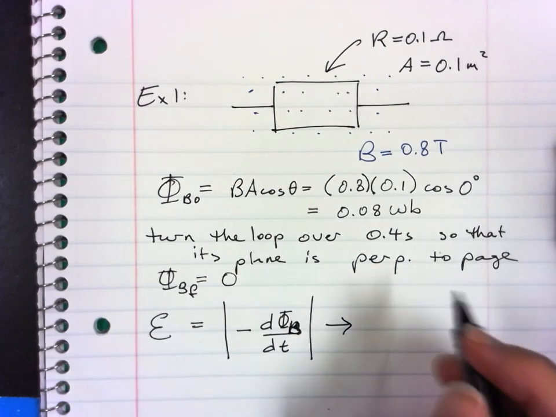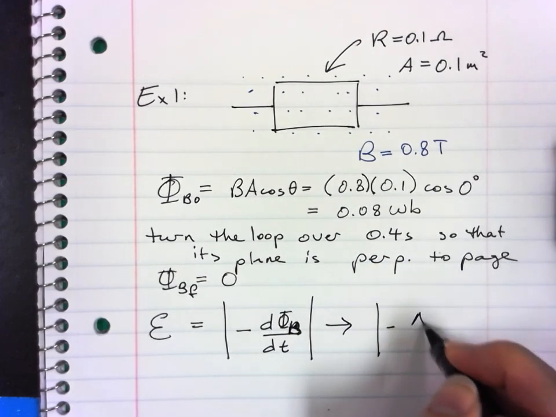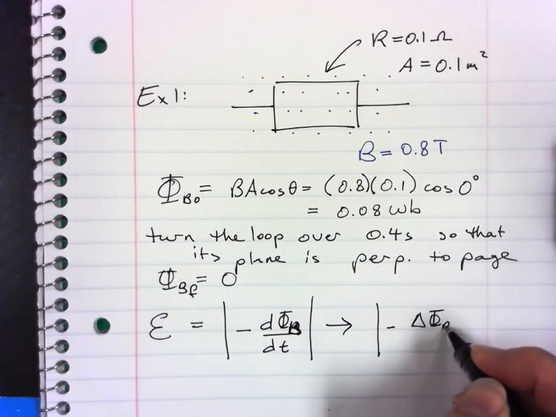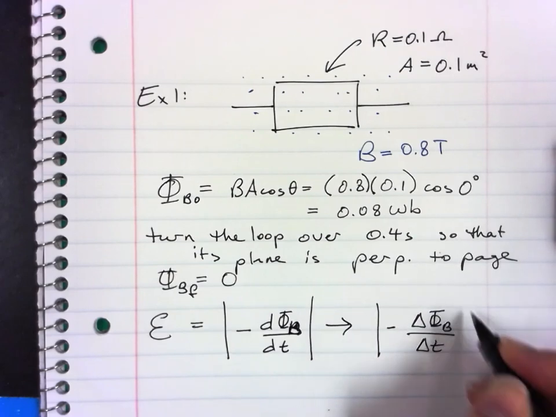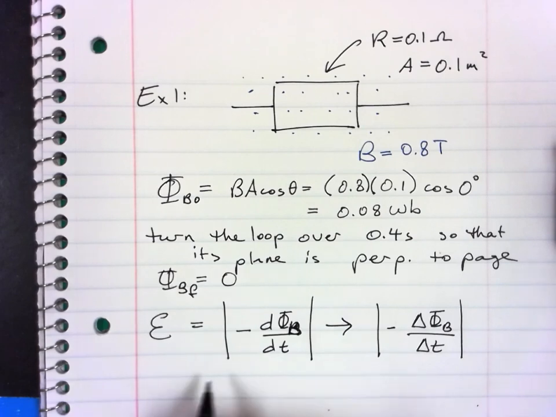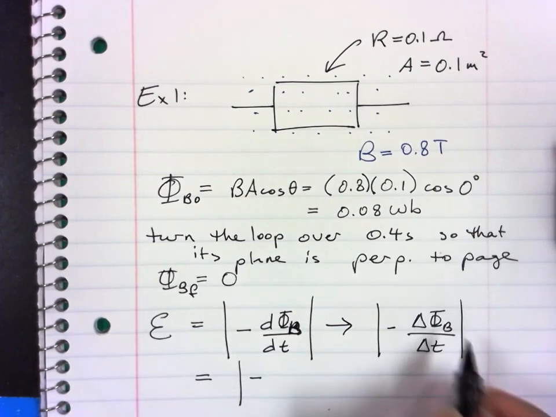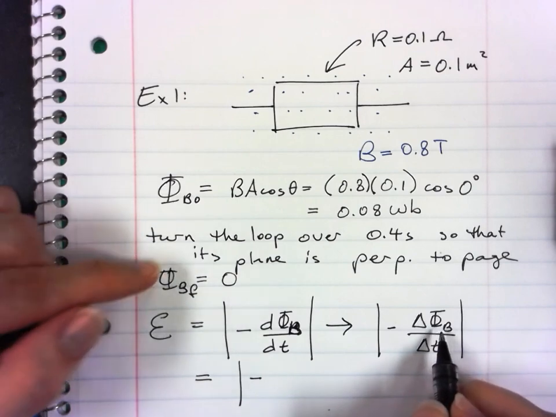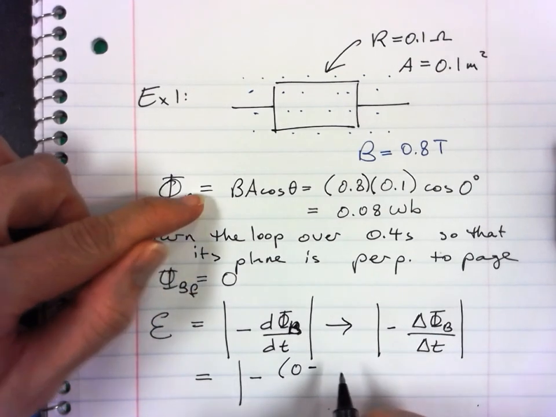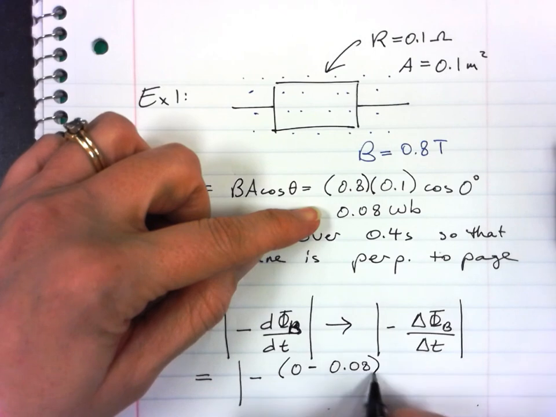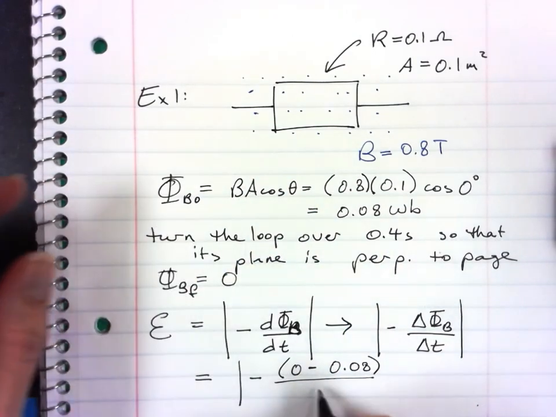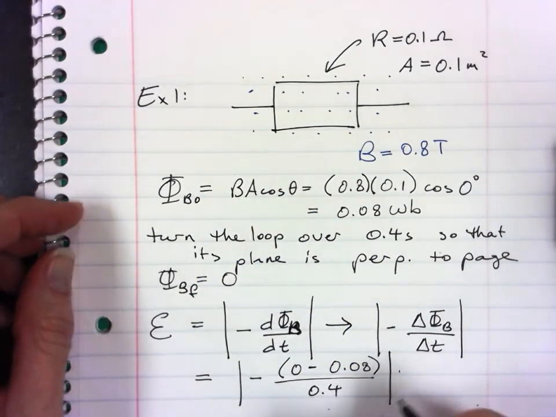So this is going to turn into absolute value of negative change in flux over time interval. Change is always final minus initial. So 0 minus 0.08 divided by a time of 0.4 seconds.